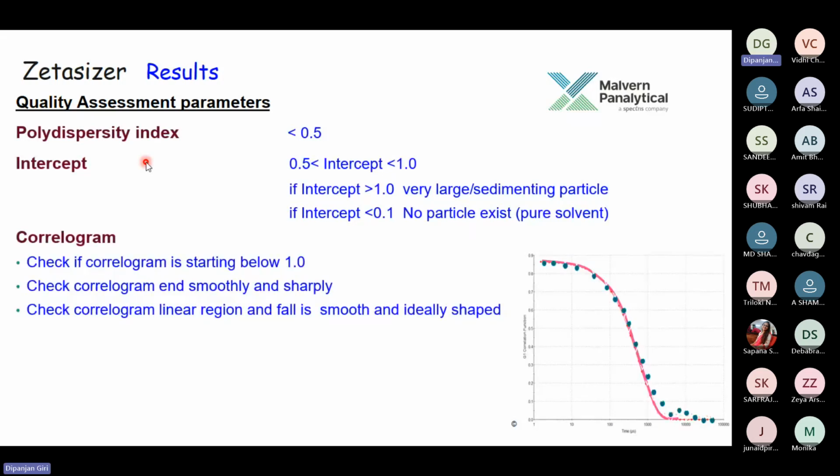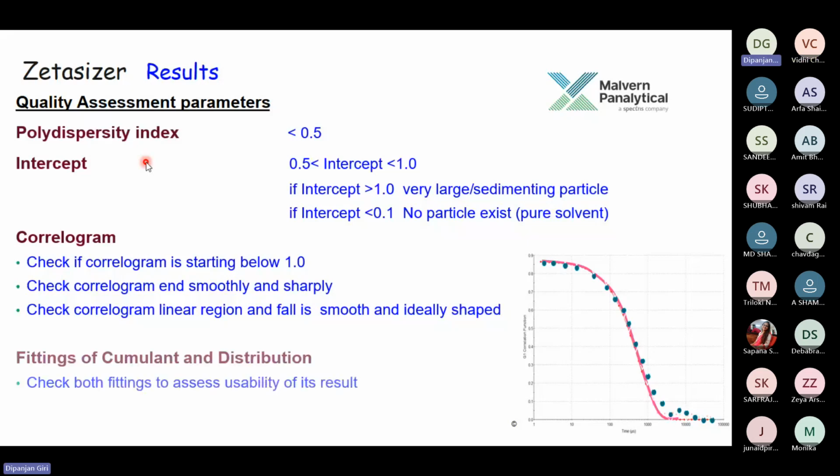Now, when doing a measurement, what you have to check is the correlogram, how the correlogram is looking. Is it starting below 1, is it smooth and sharp, does the correlogram have a linear region and fall in a smooth or ideal shape? This you have to check.